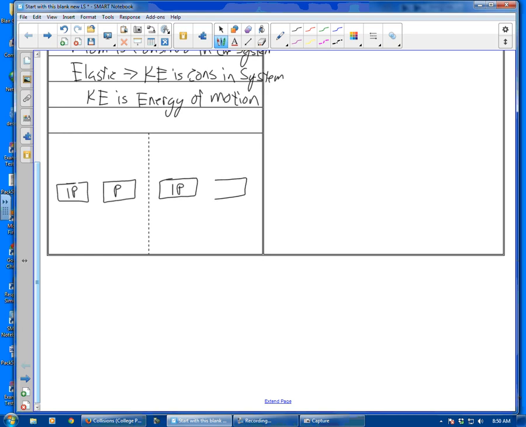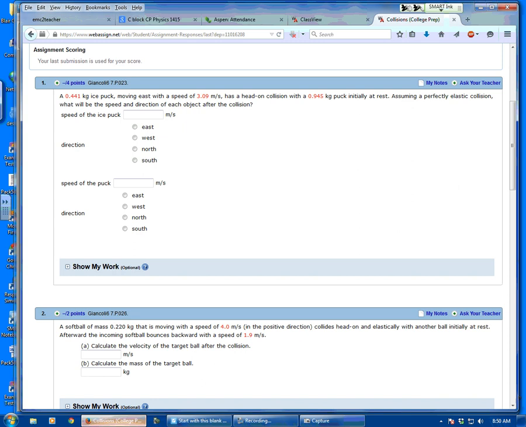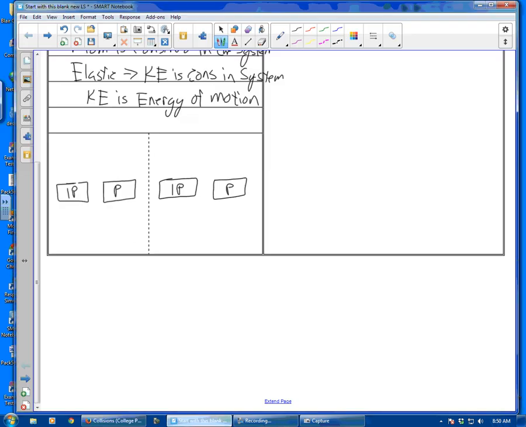Also, let's see, what does it tell me about them? Moving east, we'll assume east is to the right, and it's positive. Initially at rest, so the momentum of this puck to start with would be 0.